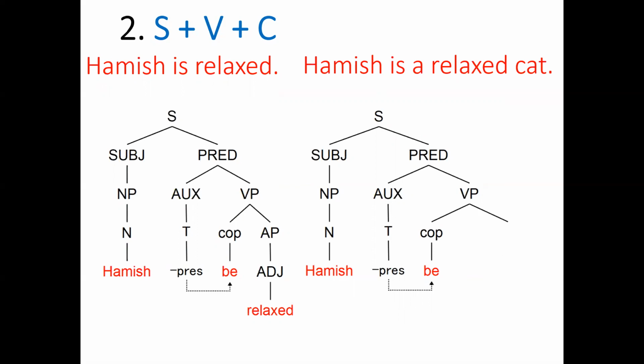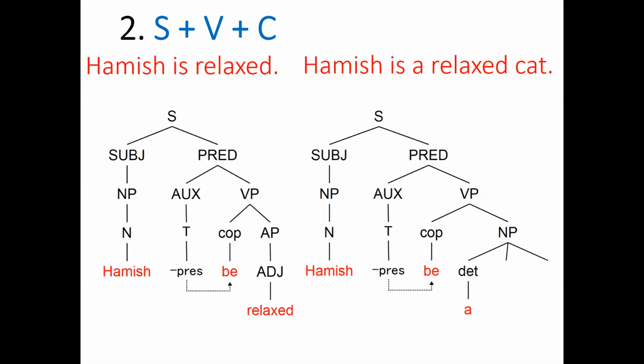As you can see, the two sentence diagrams are the same, except that when we elaborate the verb phrase, instead of an AP or an adjective phrase, we have an NP or a noun phrase. And in this particular NP, we happen to have three elements to account for. First, there is the article a, which is a type of determiner, and we will abbreviate that as DET to produce the particular determiner a.